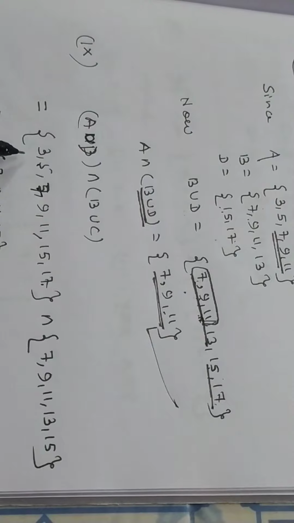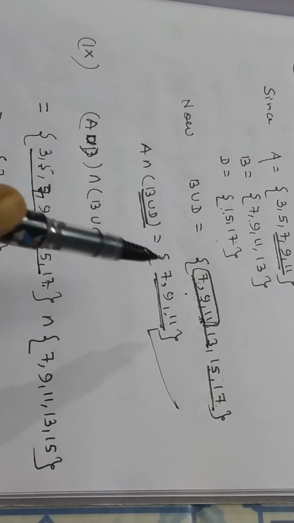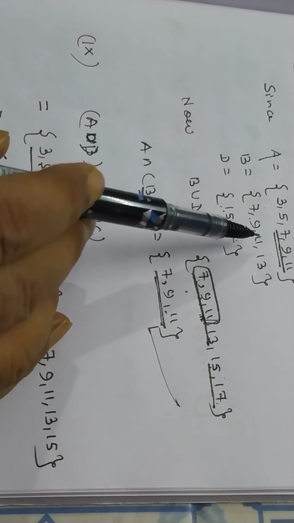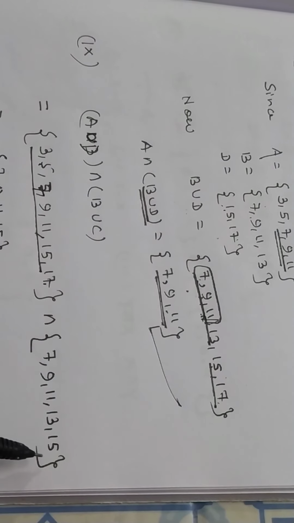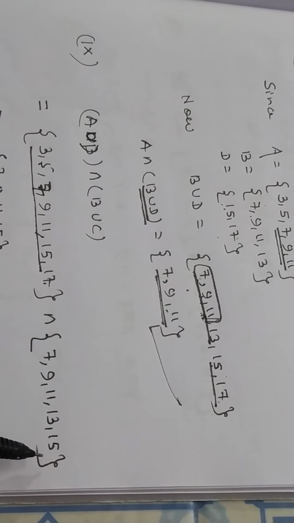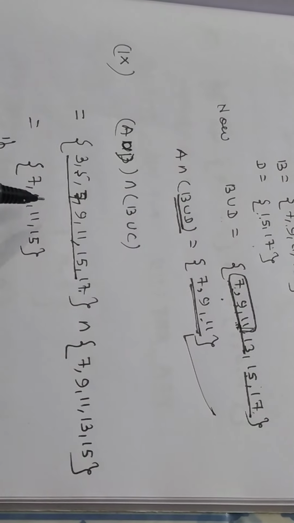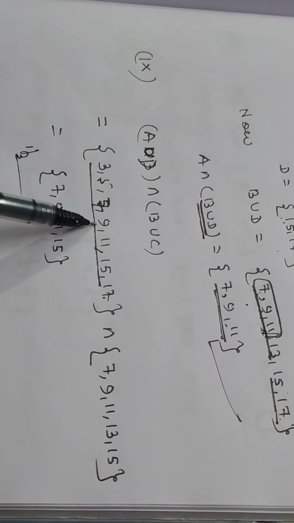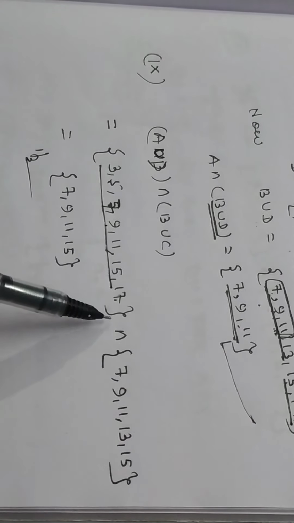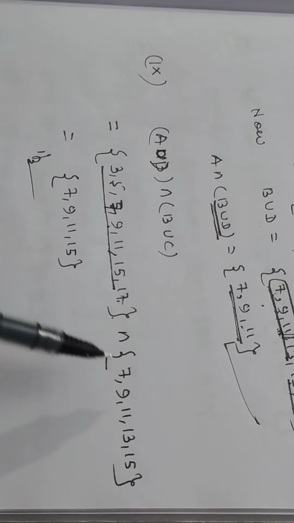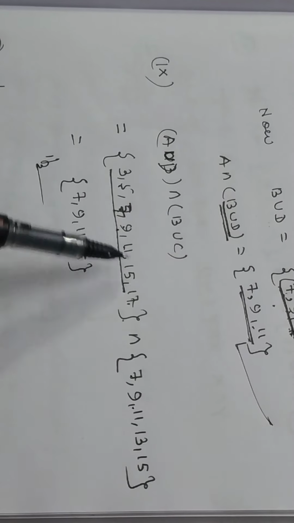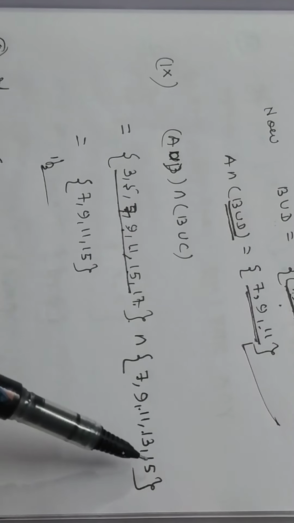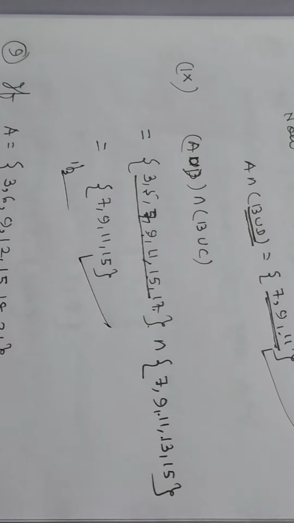And also B union C: 7, 9, 11, 13, 15. Now, the intersection between A union D and B union C. What is common? 7 is common, 9 is common, 11 is common, and 15 is common. So this will be the answer.